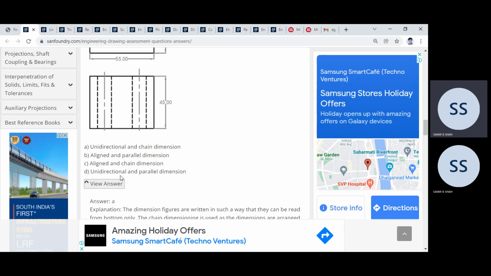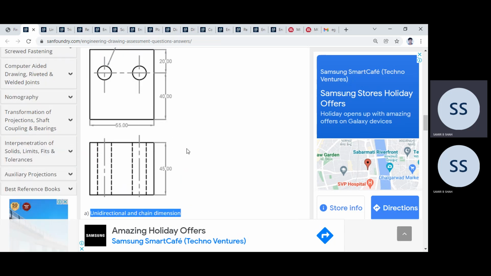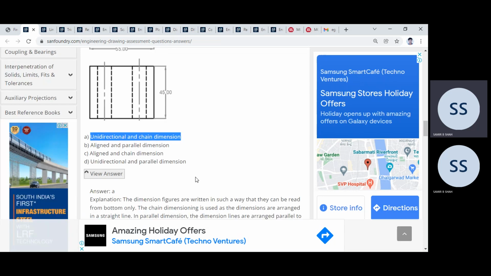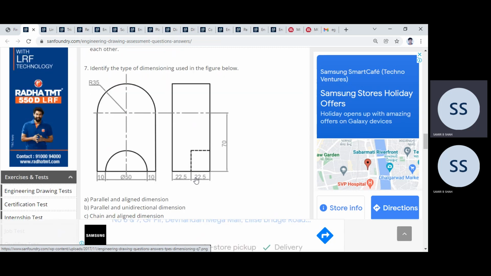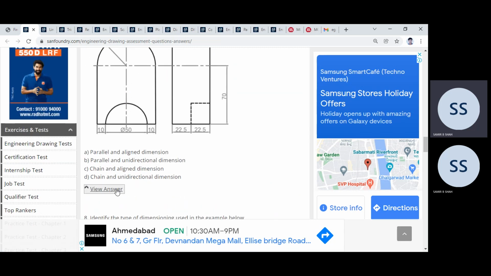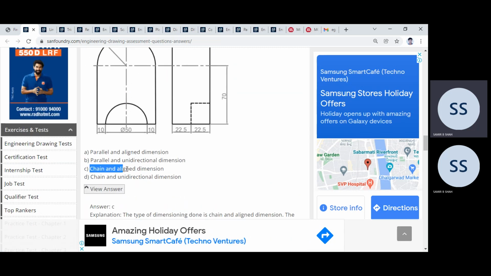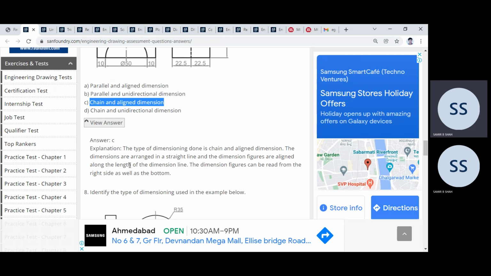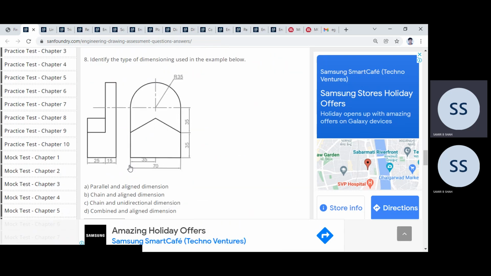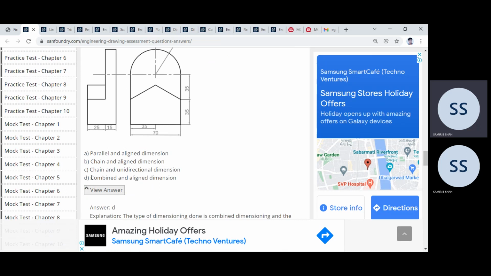So you can see here it may be unidirectional and chain dimensions. Now identify the type of dimension used in the figure. यहाँ पे किस तरह के dimension use की है? It may be chain with aligned, okay, aligned means above the line.